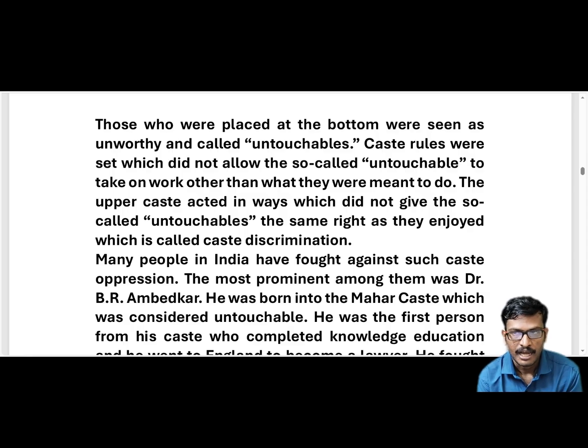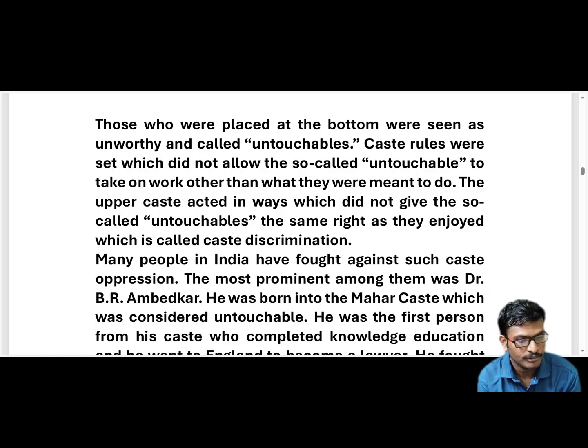Though he was treated as untouchable, born in a lower caste, he studied law. He fought against caste-based discrimination, and he fought for the rights of the Dalit community, which is explained in detail in the English textbook.